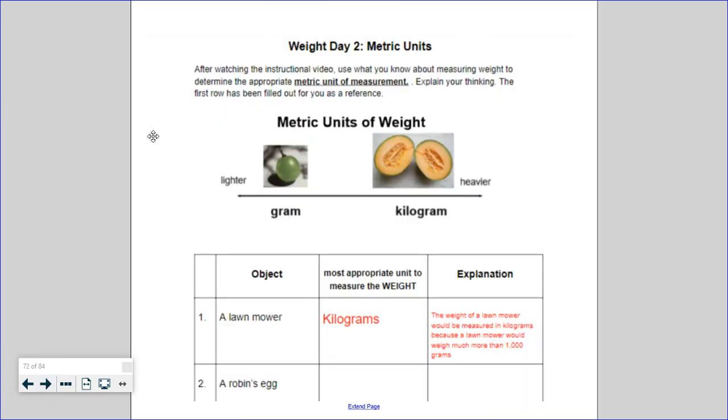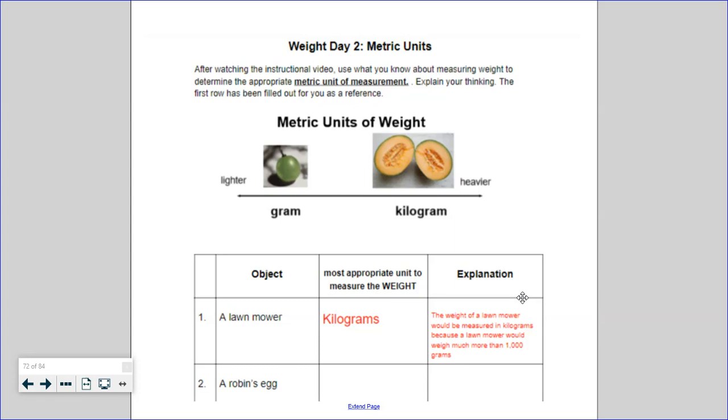So here's your task today. This paper should look familiar. The only thing that is changing is your units and your objects. You are going to choose for each of these objects the most appropriate unit you would use to measure its weight. So would you weigh it in grams or would you weigh it in kilograms? And then you're going to explain. So for example, a lawnmower would be measured in kilograms. And the reason is because the weight of a lawnmower is much more than 1,000 grams.